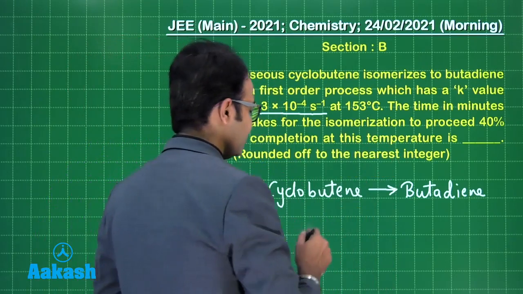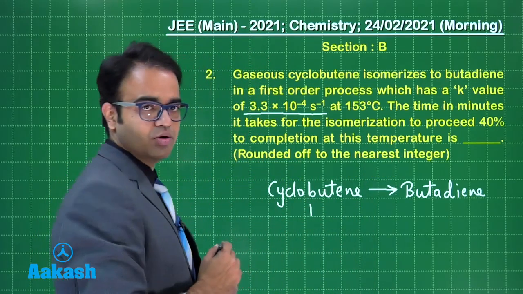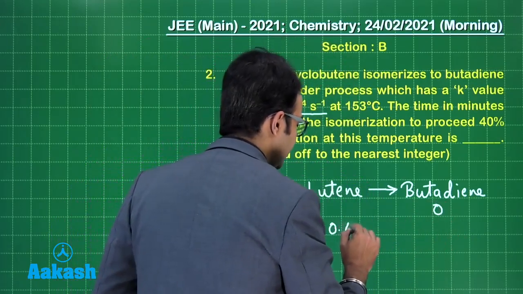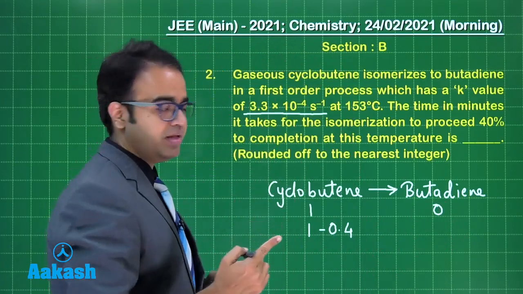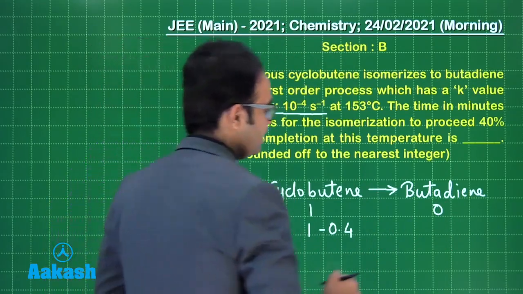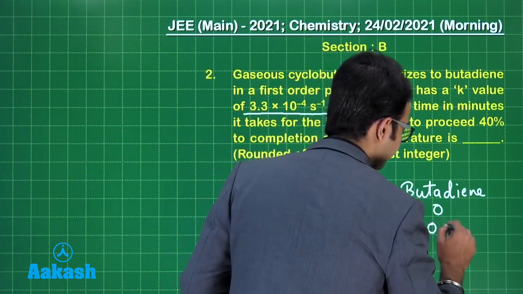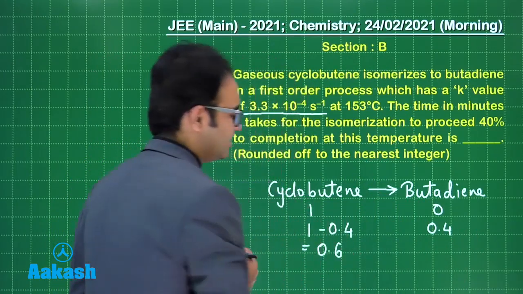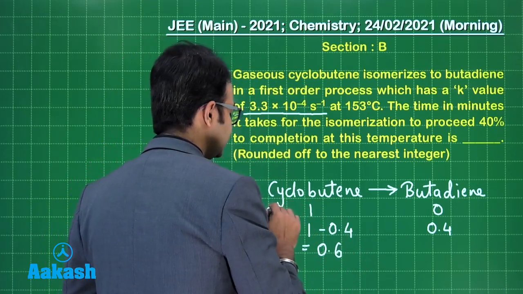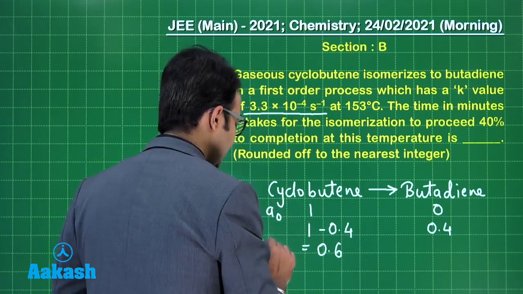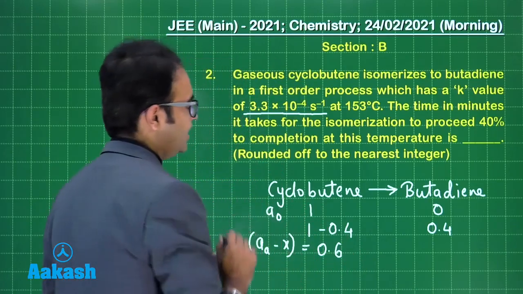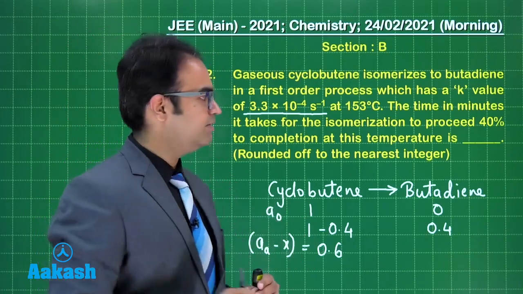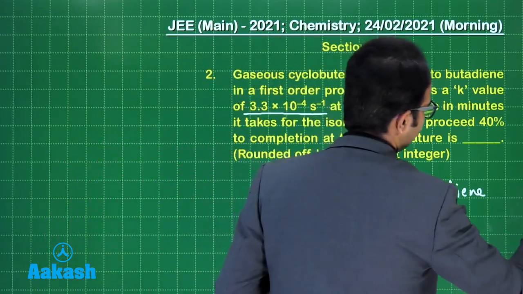Initial, if I take it as 1, this will be 0, this will be 1 minus 0.4, because 40% of 1 will be 0.4 out of 1, and this one will be 0.6. So this is your initial, that is A naught, and this is your A naught minus x. So we know the concentrations initially and at the final state. We have to calculate the time.